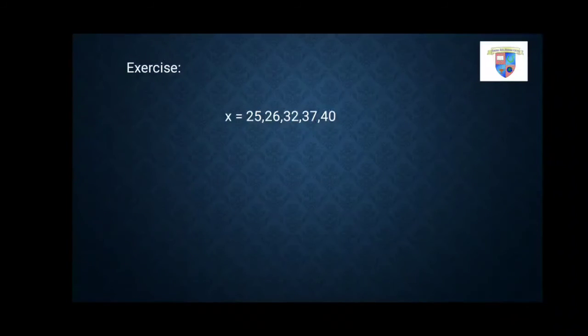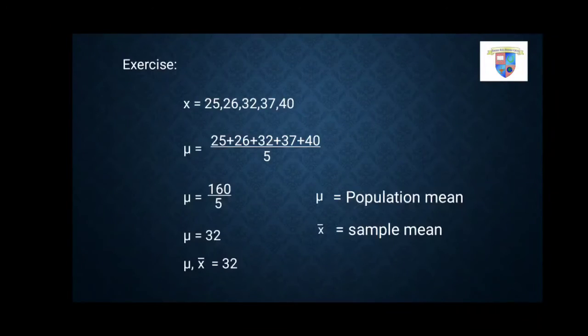Now we will answer our exercise. I gave it a while ago, and our data values are 25, 26, 32, 37, and 40. Let's solve for the sample mean and the population mean, because as I've said, the procedure is the same.